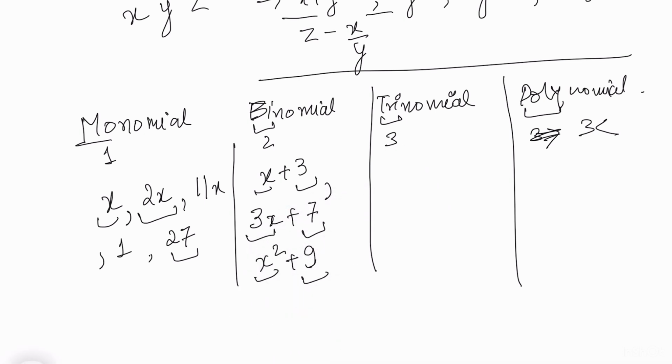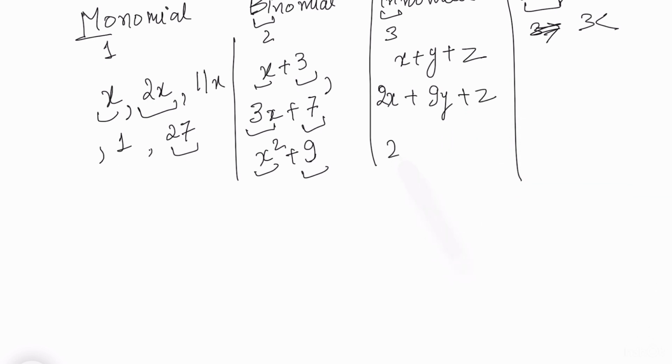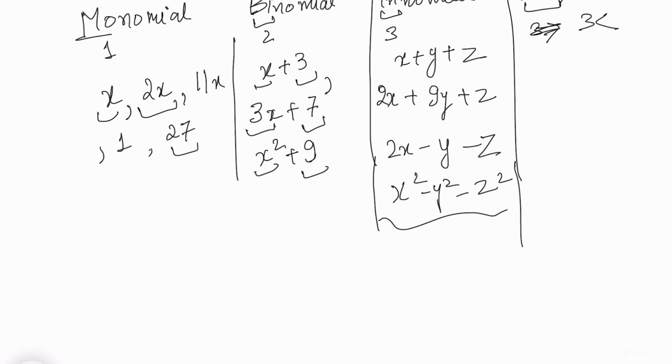Trinomial will have 3 terms. x plus y plus z, 3 terms. 2x plus 9y plus z, 3 terms. You can see 2x minus y minus z. x square minus y square minus z square, again 3 terms.